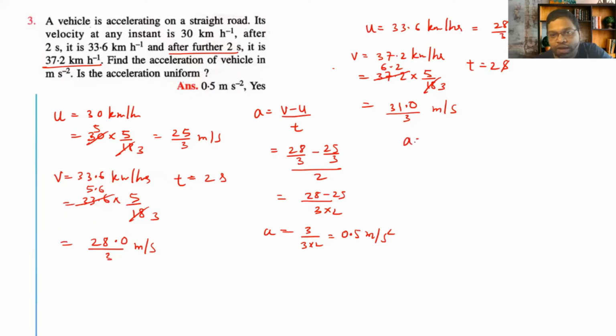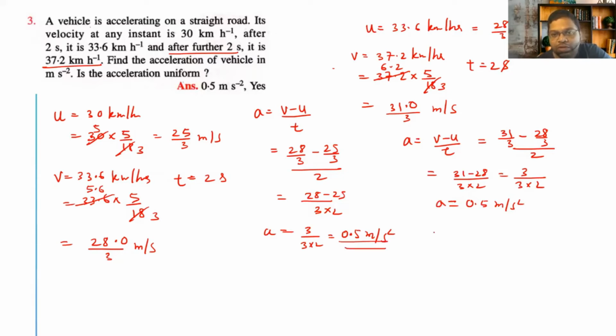So if you find acceleration, that is v minus u over t, that is 31 over 3 minus 28 over 3, upon 2. So 31 minus 28, 3 over 2. So this also comes to be 0.5 meter per second square.